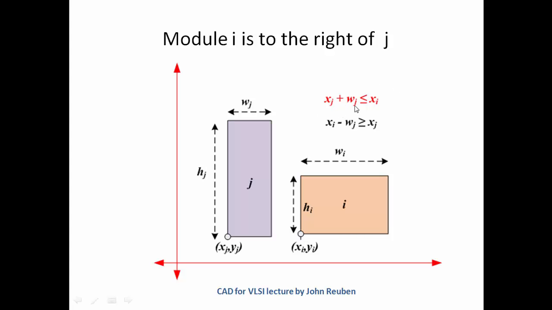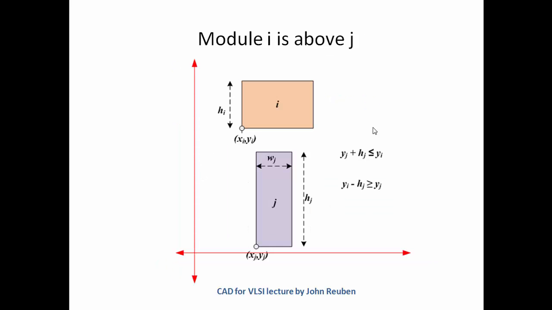I have written it in other fashion because I want uniformity, that xi must always be on the left hand side of the inequality. So I bring xi this side, so we can say xi minus wj is greater than xj. Same equation is written in this format. This is if i is to the right of j.